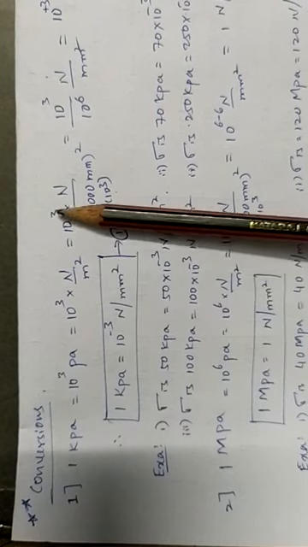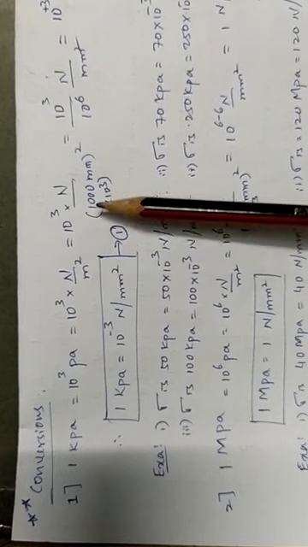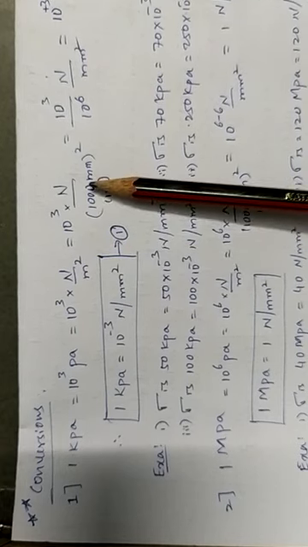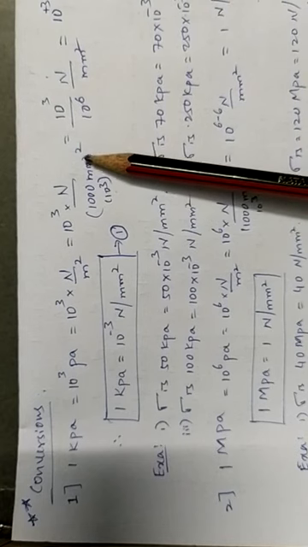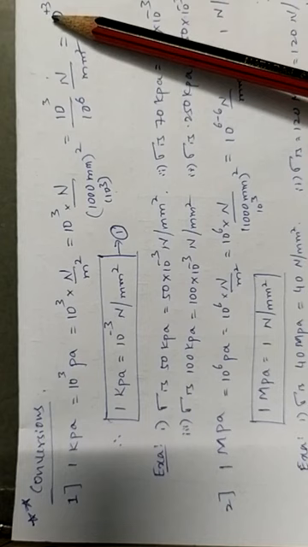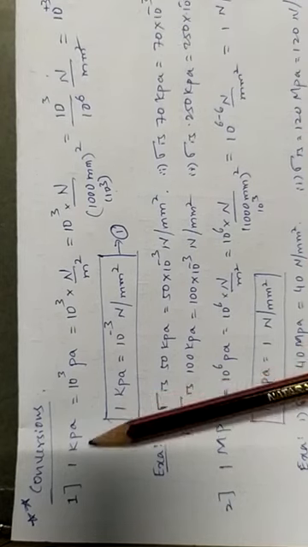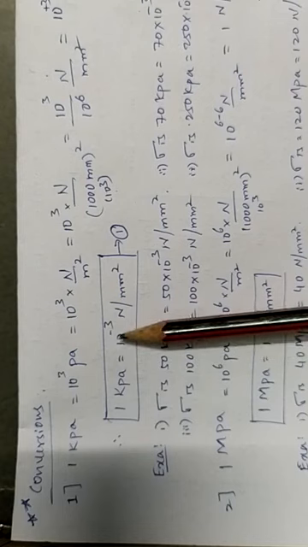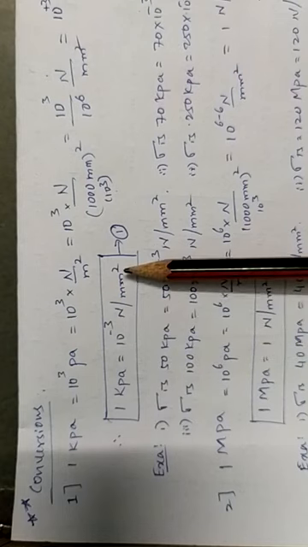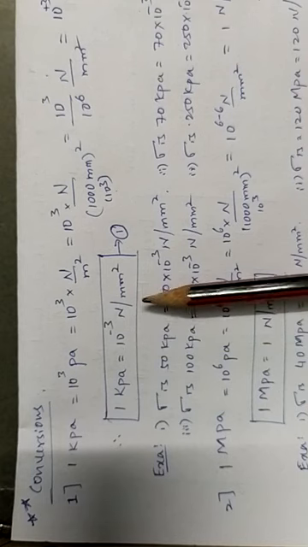That is 10 raised to 3 Newton, and 1 meter is equal to how much here? 1000 mm, so 1000 mm square, that is 10 raised to 6. 3 minus 6 will be minus 3. Therefore, 1 kPa is equal to 10 raised to minus 3 Newton per mm square. Remember, 1 kPa is equal to 10 raised to minus 3 Newton per mm square.